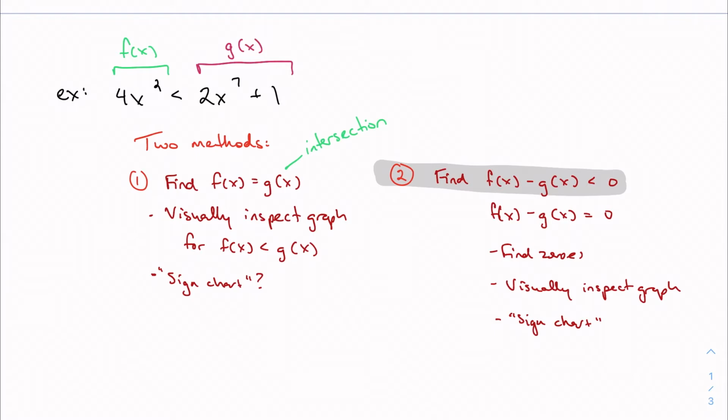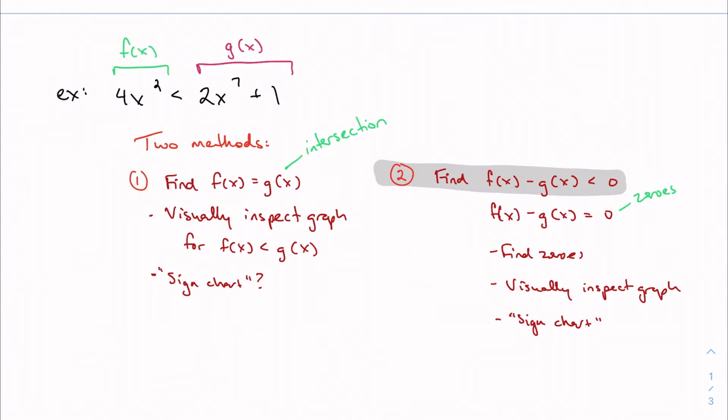Whereas here, I'm going to find the zeros just like I did above with the equation. So I like method two because it's streamlined. It's the same method that we've been doing. Nothing is different. I will stick with just the second method in this video, but you're welcome to go back and learn the first method if you so choose.